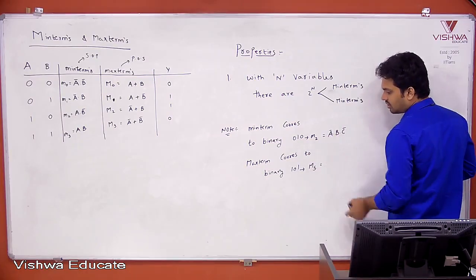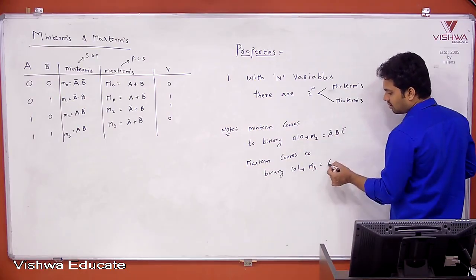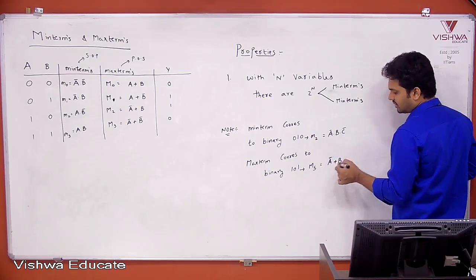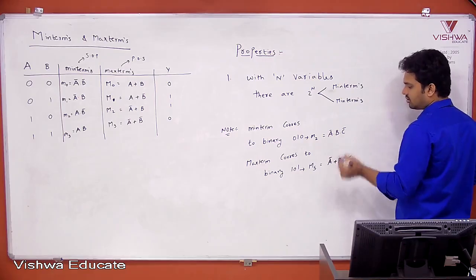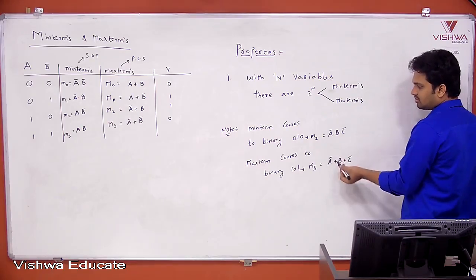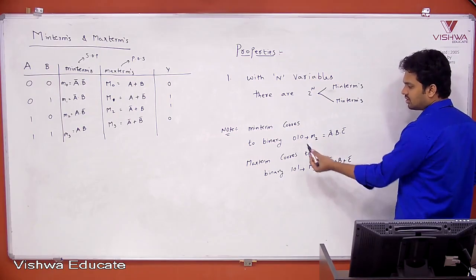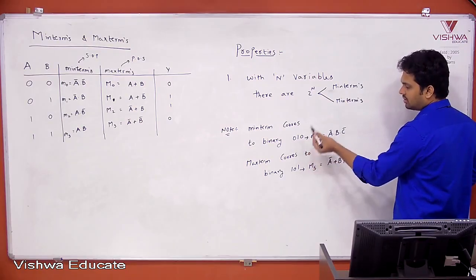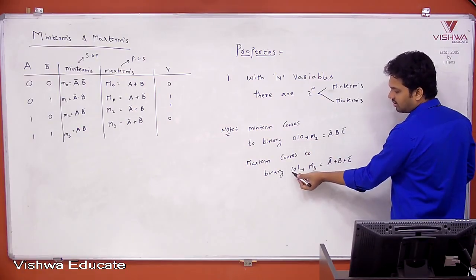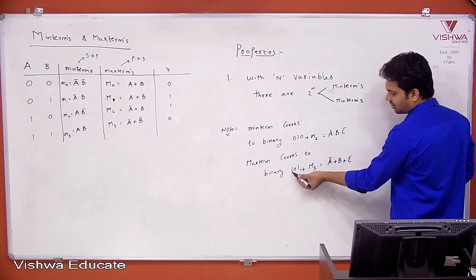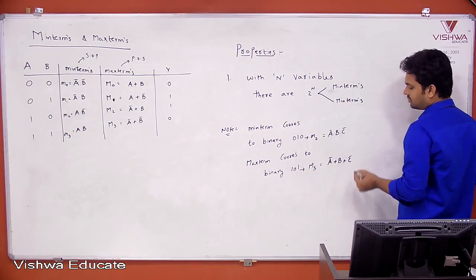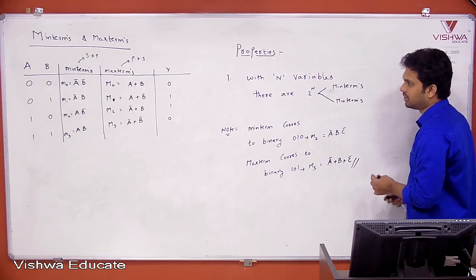For maxterms, what is the relation? 1 means bar, 0 means no bar but take plus. This is how we write minterms and maxterms for any input combination. If it is 0 1 0, A bar B C bar; 1 0 1 for maxterm, A bar plus B plus C bar. Okay, copy it.